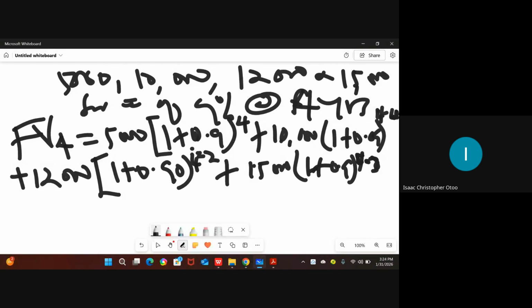I thought that for doing the present value for a string of unequal cash flows, we started from the lowest. We didn't see 4, 3, 2, 1. We start from the beginning 1, 2, 3. And this one we are starting from the highest to the lowest. That's the same question I'm asking, why is this so?